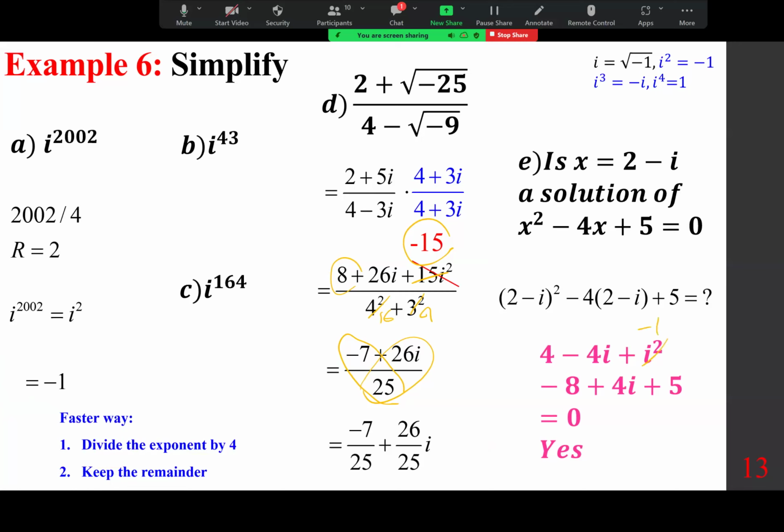As you can see here, this is minus 1, negative 4i and positive 4i cancel each other. 4, negative 8, negative 4, plus 5, minus 1. They all add up to 0. The answer is yes. So I hope you see that it actually works.